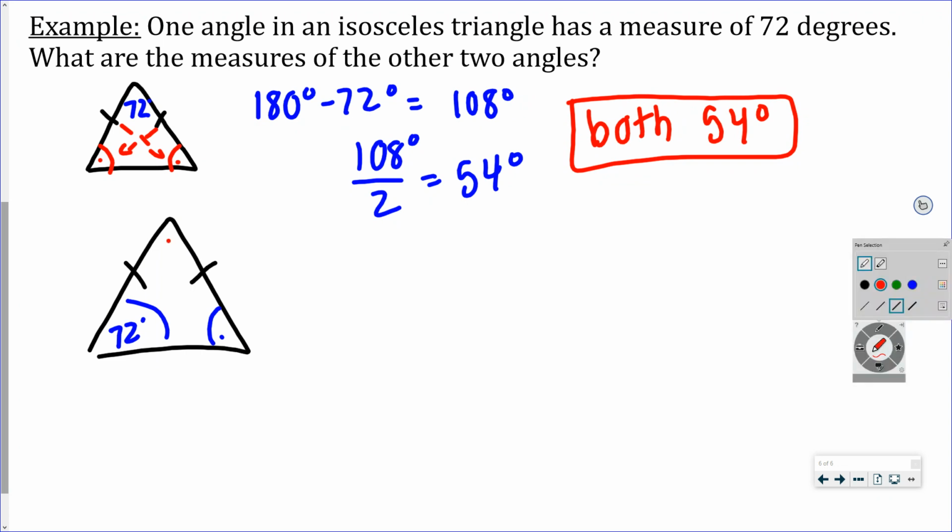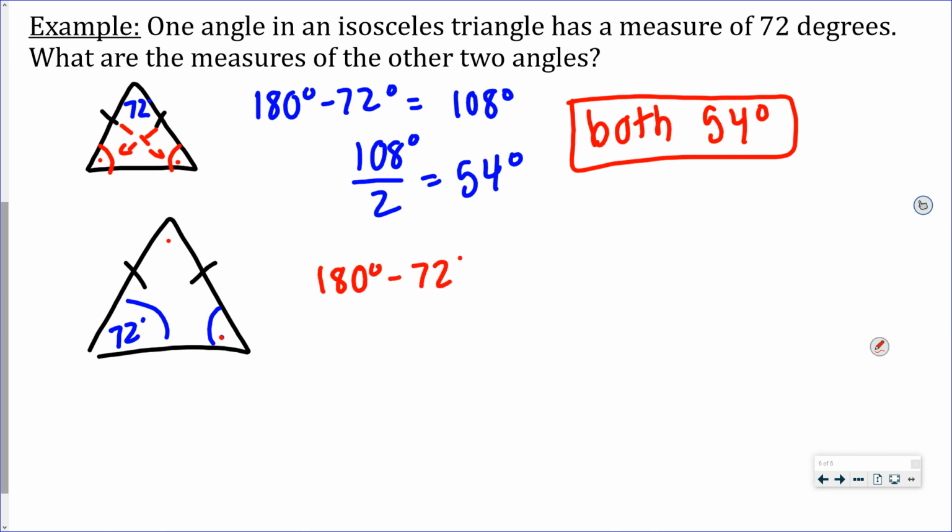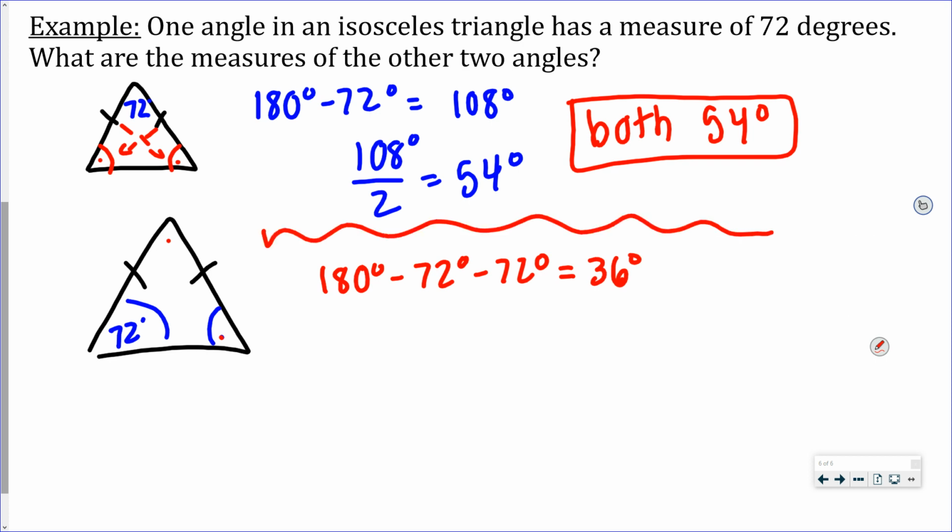That was impressive mental math. 36? Yeah, how'd you get that? 180 minus 72 minus 72. Yep, exactly. So 180 minus 72 minus 72 is 36.